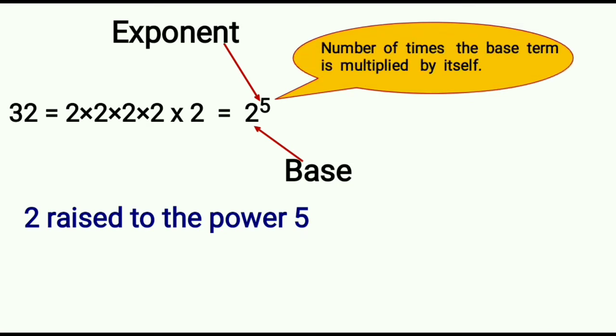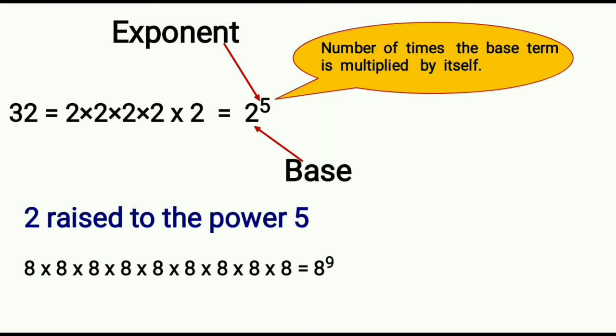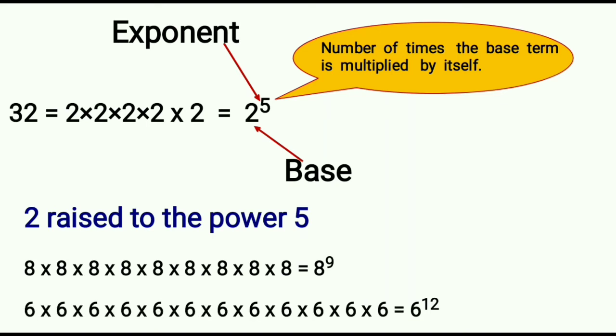So, exponents are number of times the base term is multiplied by itself. For example, if we multiply 8 for 9 times, we can write it as 8 raised to power 9. If we multiply 6 for 12 times, we can write it as 6 raised to power 12.